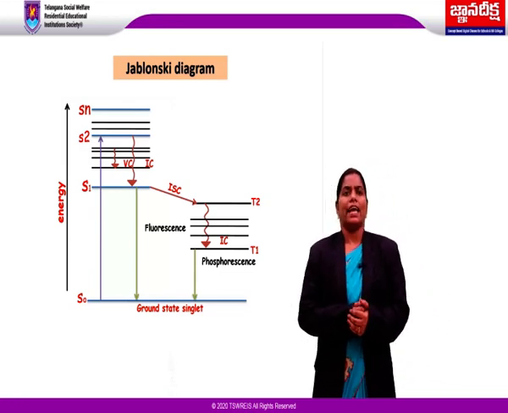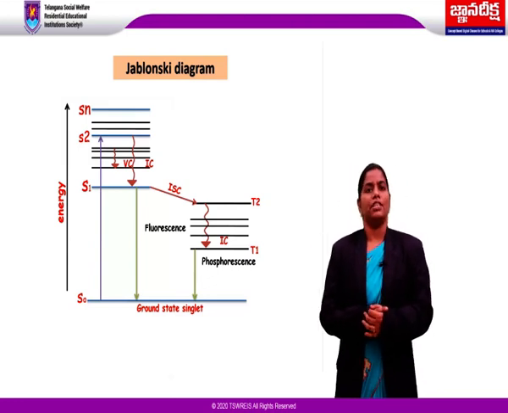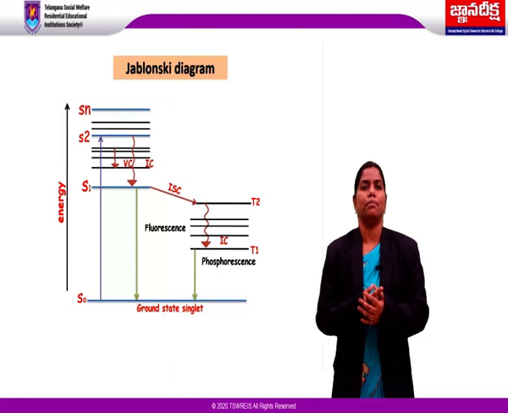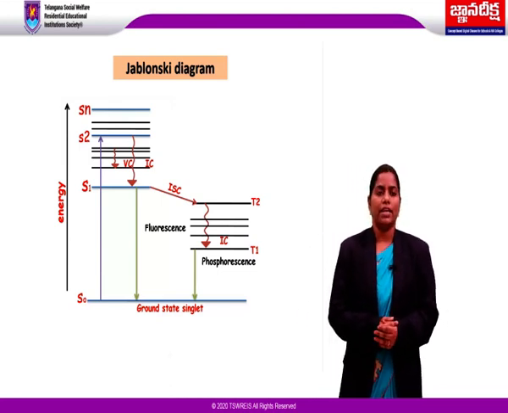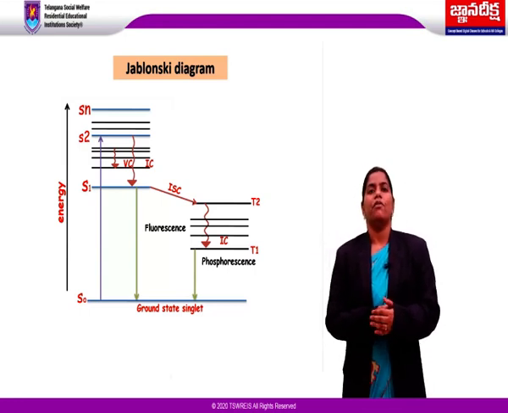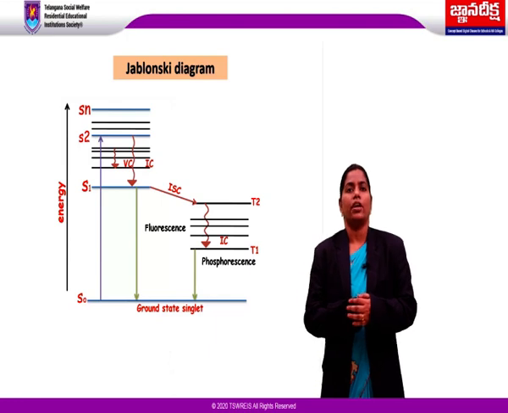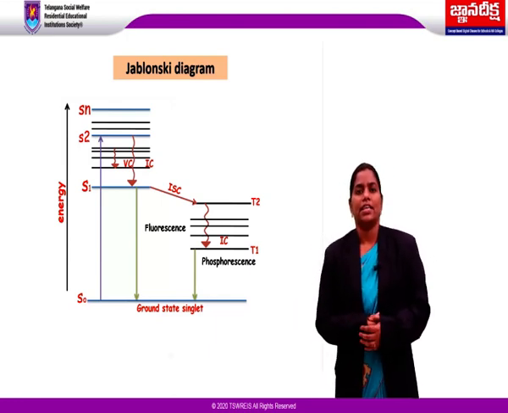Now the Jablonski diagram explains very well the various photophysical processes. So what is a Jablonski diagram? Before explaining the Jablonski diagram, I would like to explain the different electronic energy levels which are designated as S0, S1, S2 and so on. This means that they are singlet states.